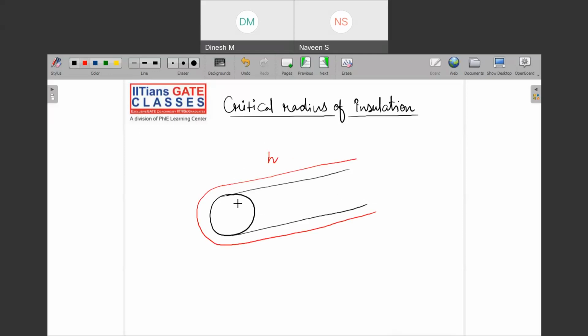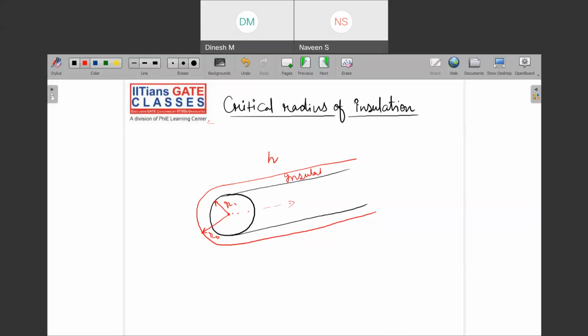Let us say this radius is Ri and this radius is R0, and some current is flowing through the wire. I name this cover the insulator.